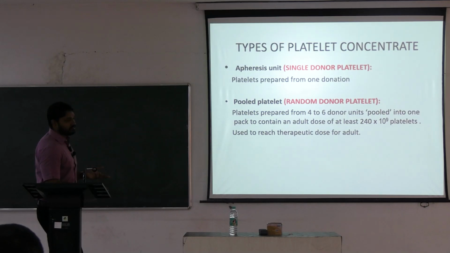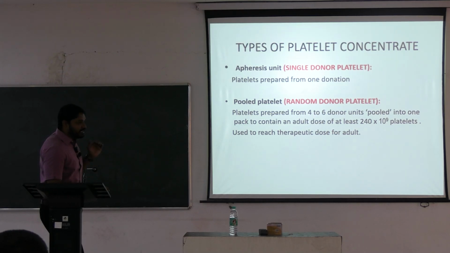There are 2 types of platelet concentrate: SDP and RDP. Single donor platelet, random donor platelet. In single donor platelet, the donor is a single person only. You get the platelets from a single person. Random donor platelets you get from 4 to 6 people and mix into one pool. Single donor platelet increases the platelet count more.